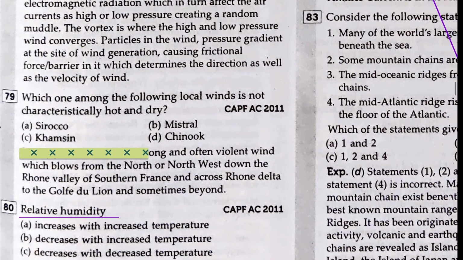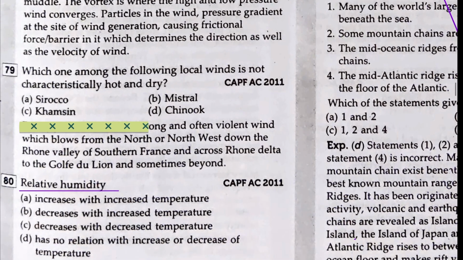Next, again wind. Which local wind is not characterized by hot and dry? We are talking about cold winds. It would be difficult for you to remember hot and cold winds, so just see the location of this. Sirocco, Africa, warm. Khamsin, Africa, warm. Chinook, snow eater, must be warm. This is cold, Mistral.